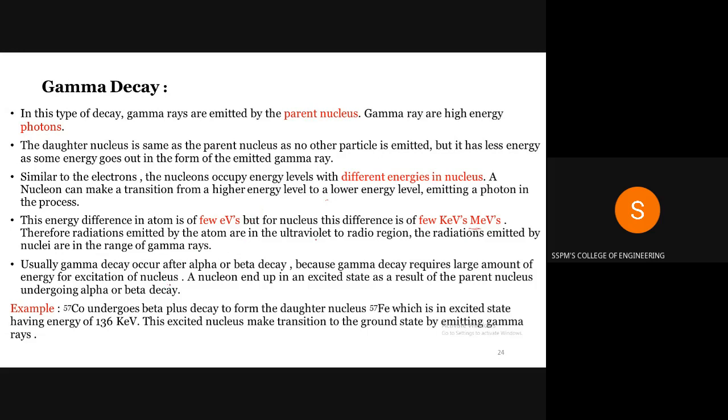Usually, gamma rays occur after alpha or beta decay, because gamma emission requires a large amount of energy for excitation of the nucleus. A nucleon ends up in an excited state as a result of the parent nucleus undergoing alpha or beta decay. Here is one of the examples.